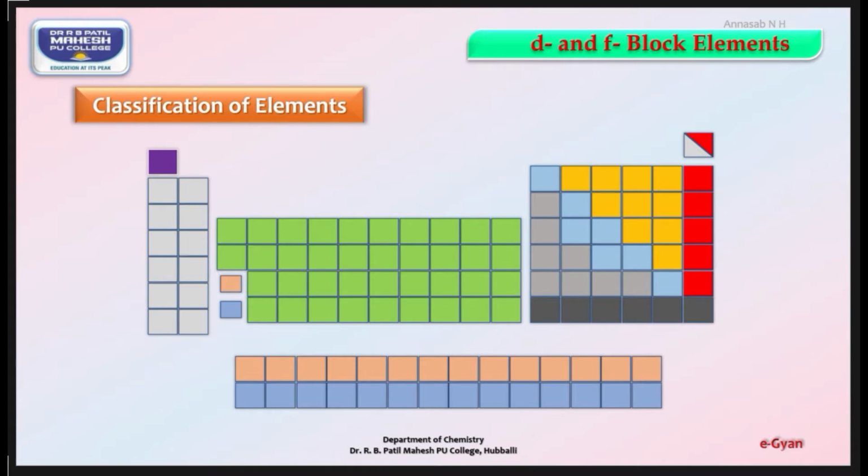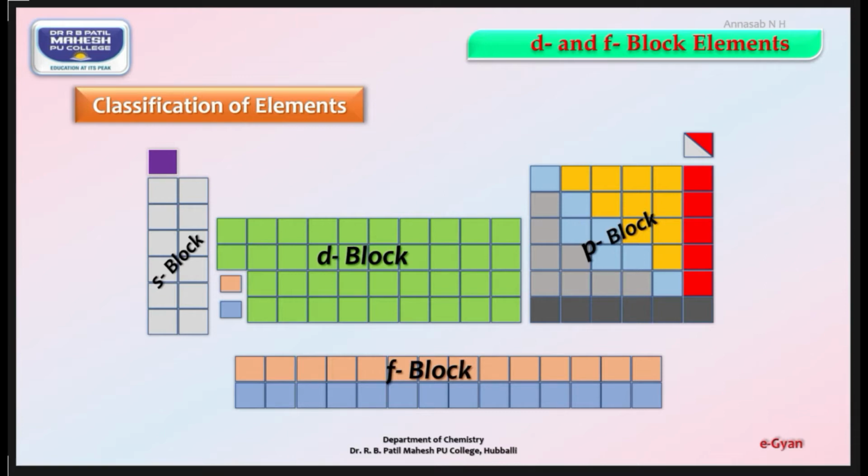The first block, which includes 2 groups, is known as S block elements. The 6 groups, P block elements. The middle portion of the periodic table, which is in between S and P, is known as D block elements. And the part of elements which are derived from D block elements are known as F block elements.